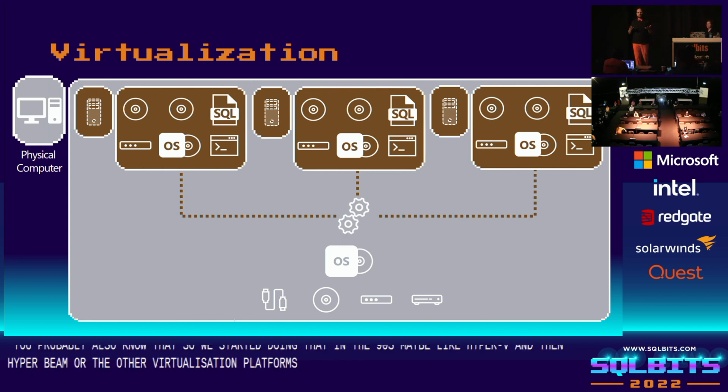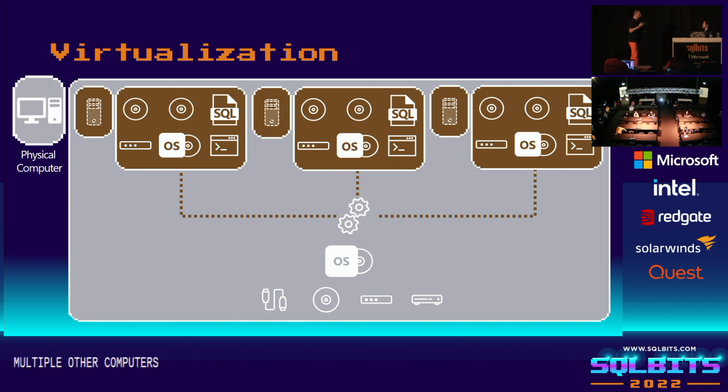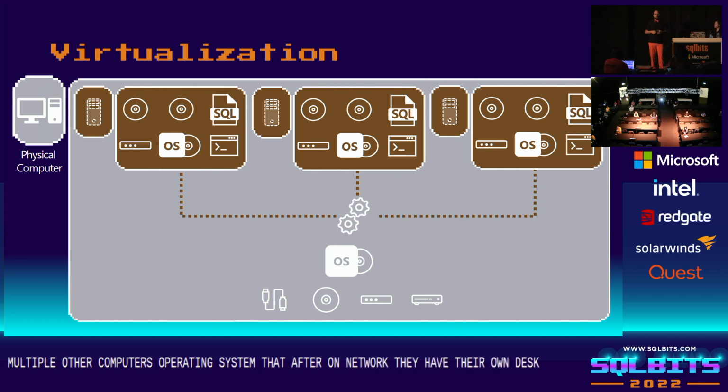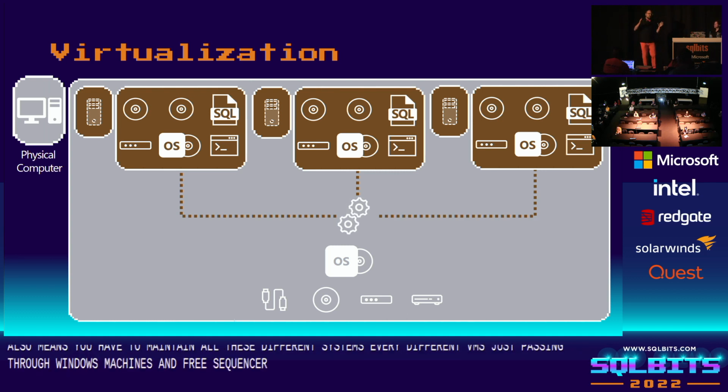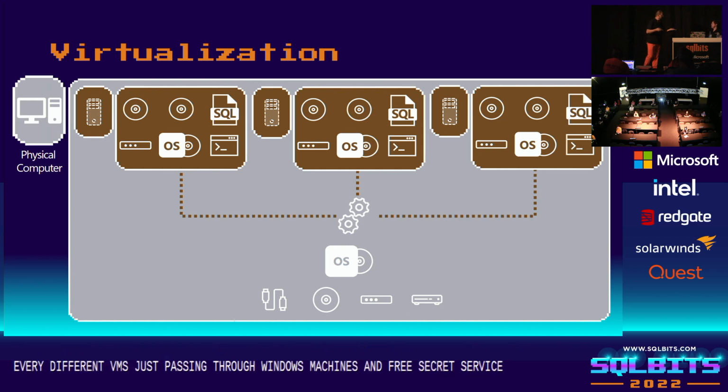Basically, virtualization means in your bare metal machine, you install multiple other computers with a ton of redundancy because they also have their own operating system, their own network, their own disk, which also means you have to maintain all these different systems. You have to patch every operating system and run 3 SQL servers in 3 different VMs. You're patching 3 Windows machines and 3 SQL servers. Yeah, I can automate all that with PowerShell. You still have to take care to actually do it.